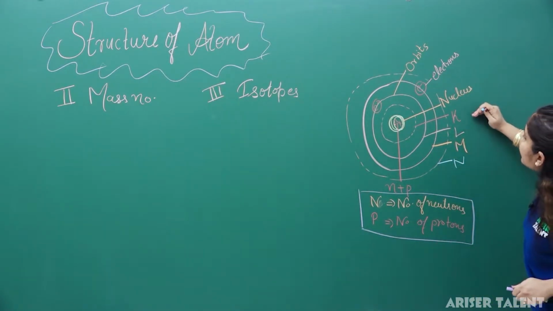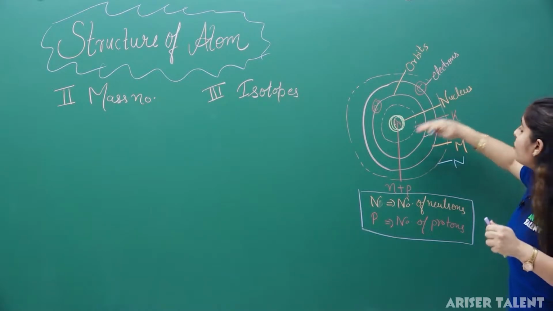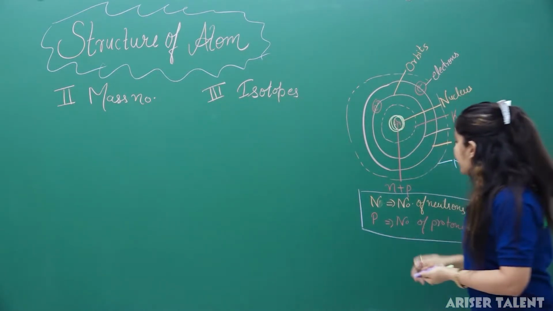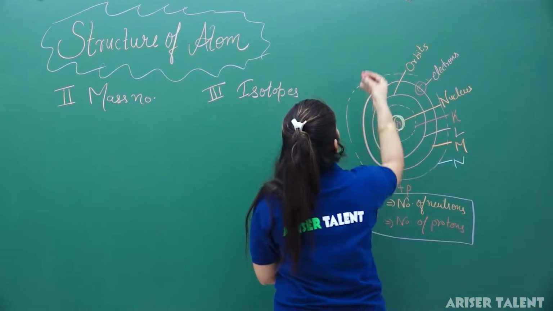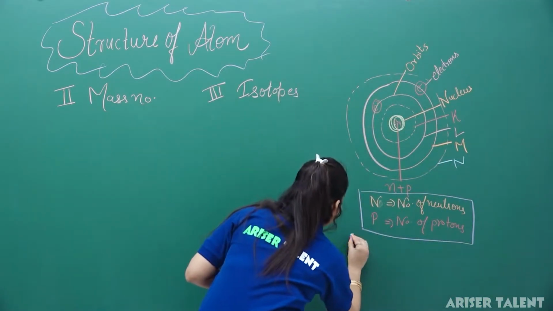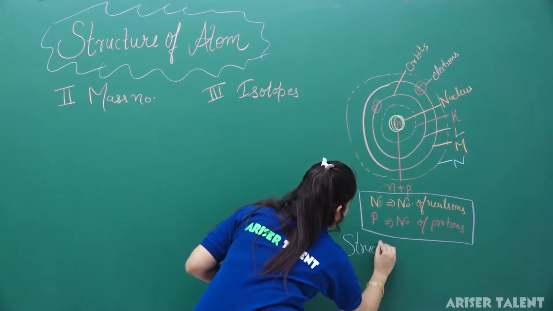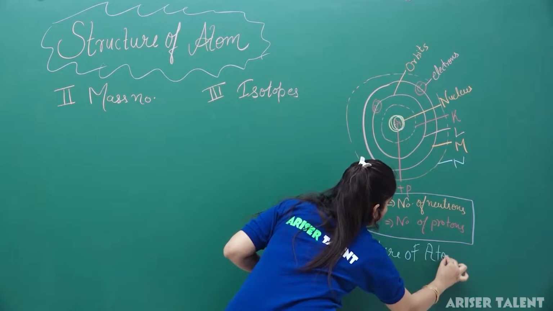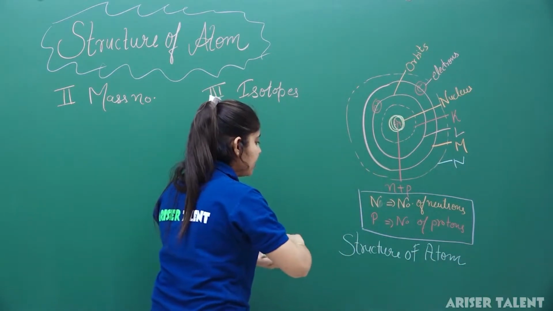These are the shells around the nucleus. The center part is completely positive, which is the nucleus. So this is the basic structure of an atom and its subatomic particles.